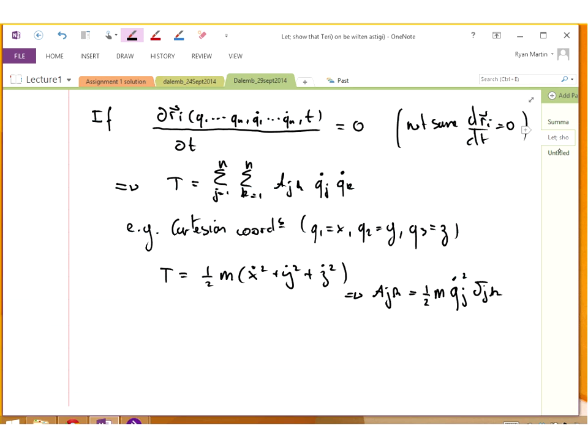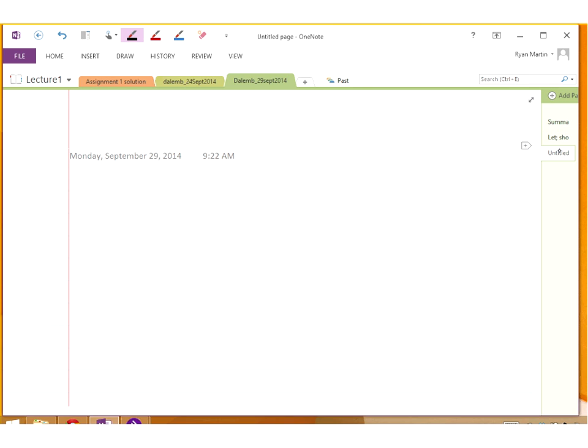Let's do an example of using D'Alembert's principle for a very simple case and see that it is in fact equal to Newton's second law. We know it has to be true always. So this is going to be example 3.6 from the notes.